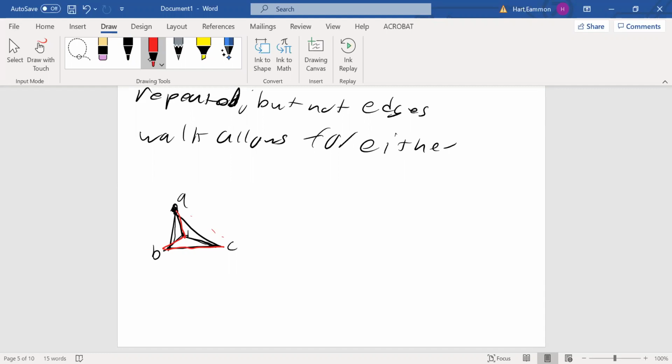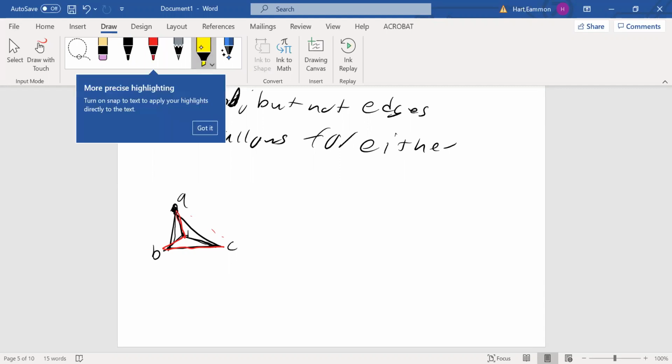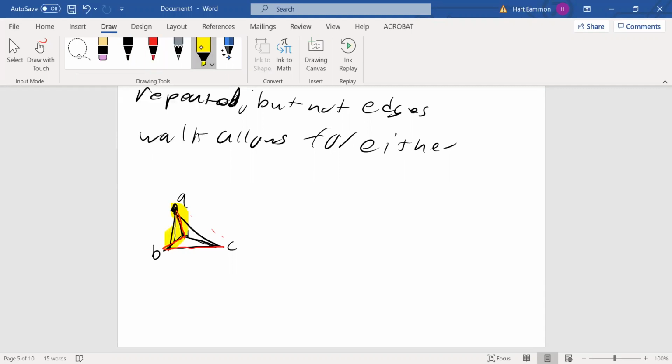But if I were to do something like this, I'm going to undo that. If I were to loop around here and then go down, then I would be repeating vertices, but I would not be repeating edges.